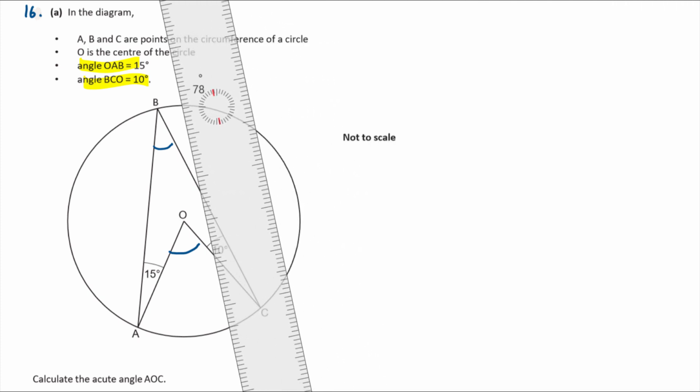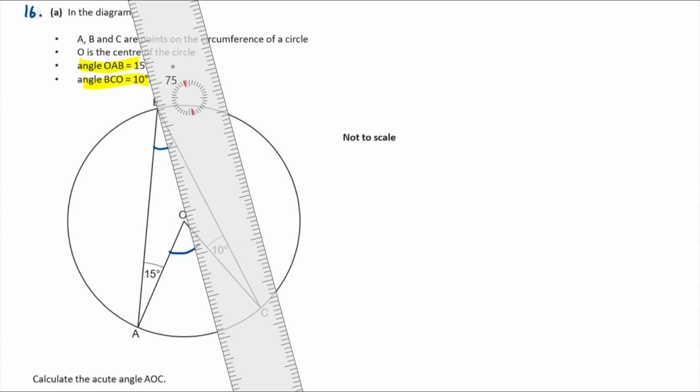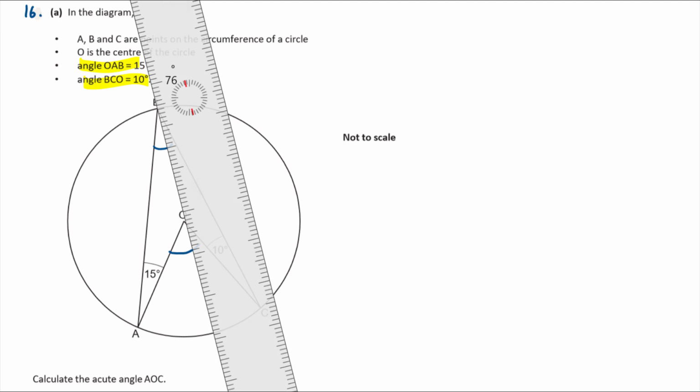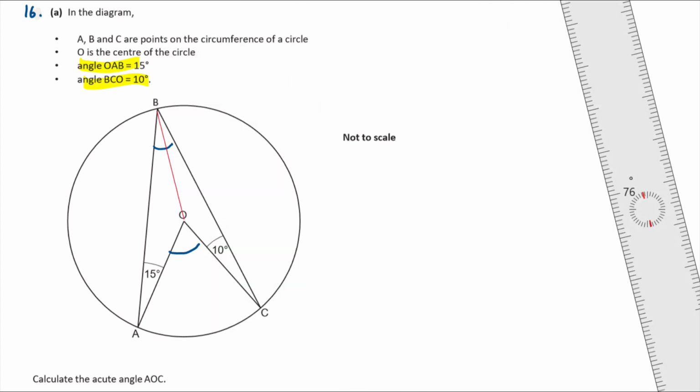But we're going to need to do a little bit more thinking in order to get there. And I think the easiest way to do it is to add an extra line to your diagram. Now you are allowed to do this. There's no law against adding an extra line in. I'm not going to get arrested by the line police. And actually it makes this diagram much clearer because O to B is a radius, as is O to A, so these two are the same length.